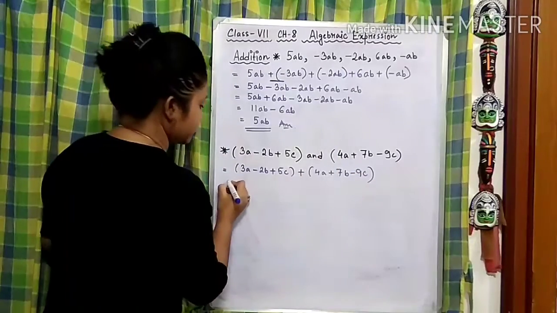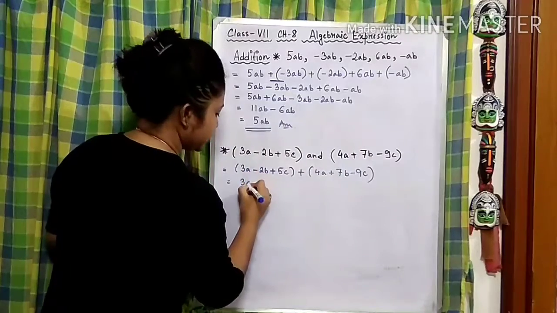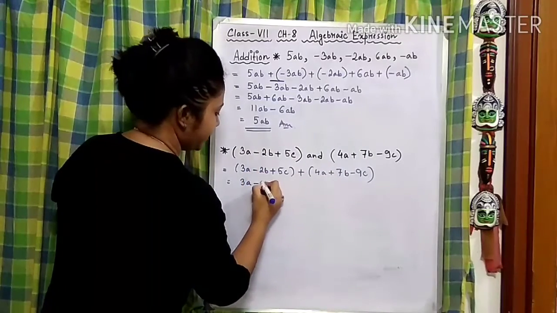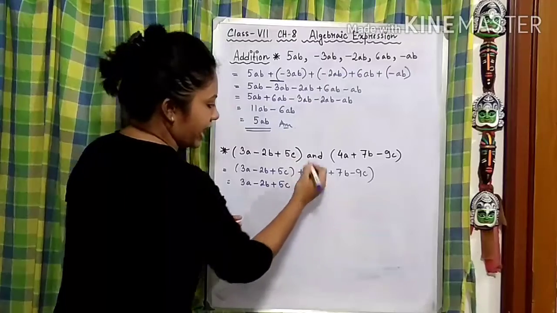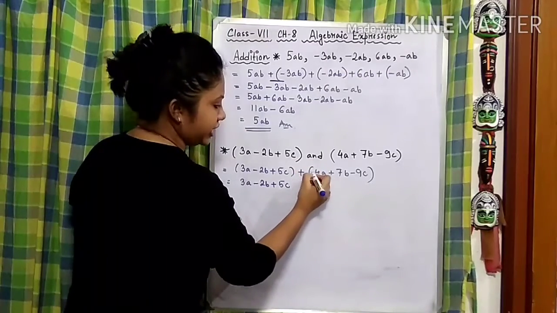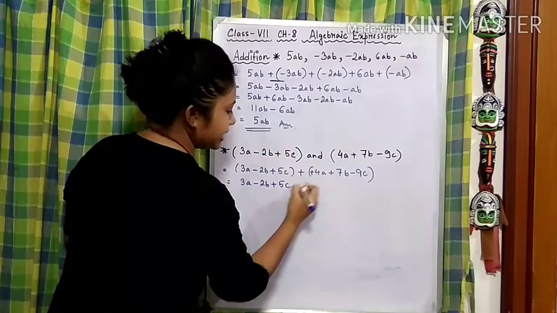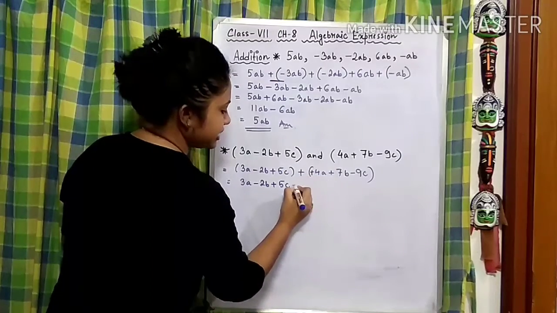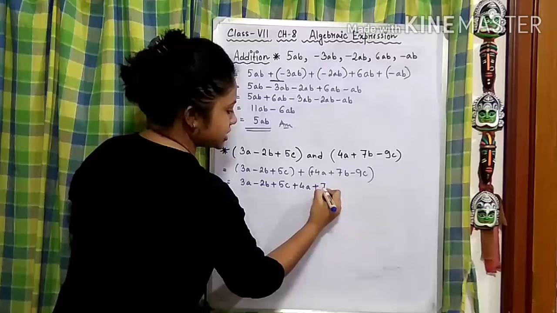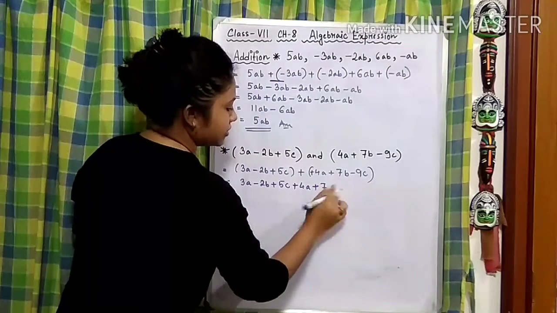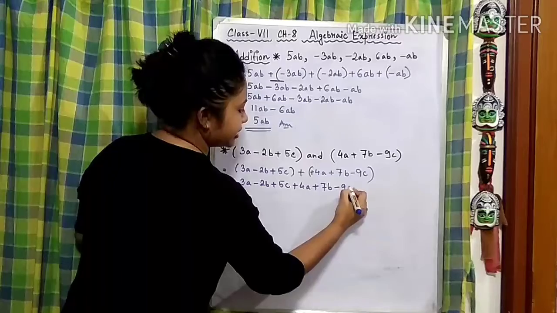First we take out the brackets. The first one stays as it is. As it is a positive sign, we interact the signs: plus plus gives plus, plus plus plus, and plus minus gives a minus.